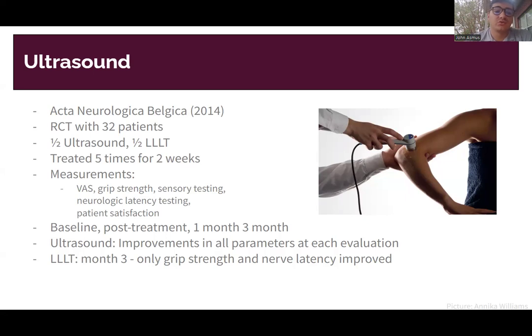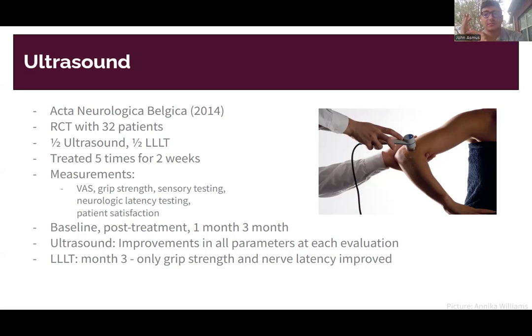They measured visual analog scale for pain. So pain 1 to 10, where are you at? Grip strength, sensory testing. So they had probes and they could see exactly whether you can feel a very light touch. Usually you have them close their eyes and you see when they can start to feel it.